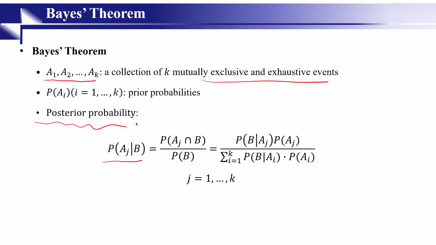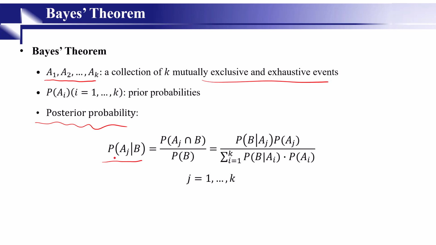What is the posterior probability? This is the updated probability of an event occurring after taking into account new evidence or information. And it's calculated based on Bayes theorem, right?